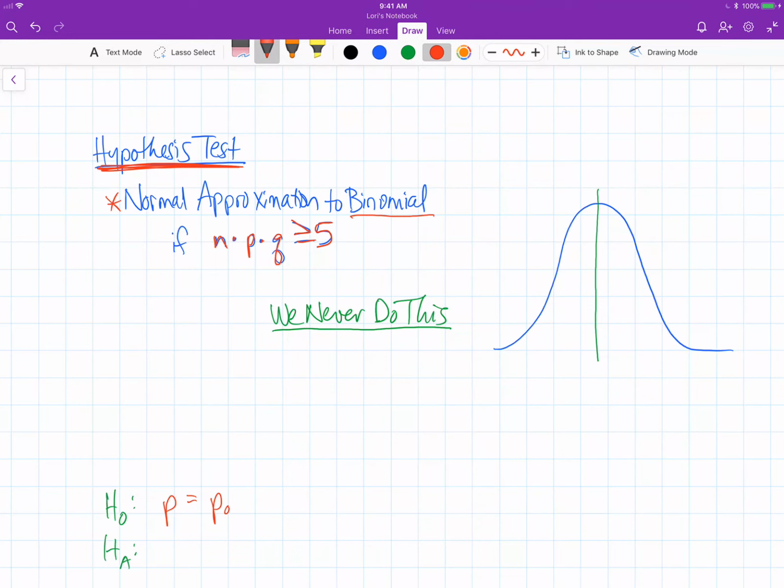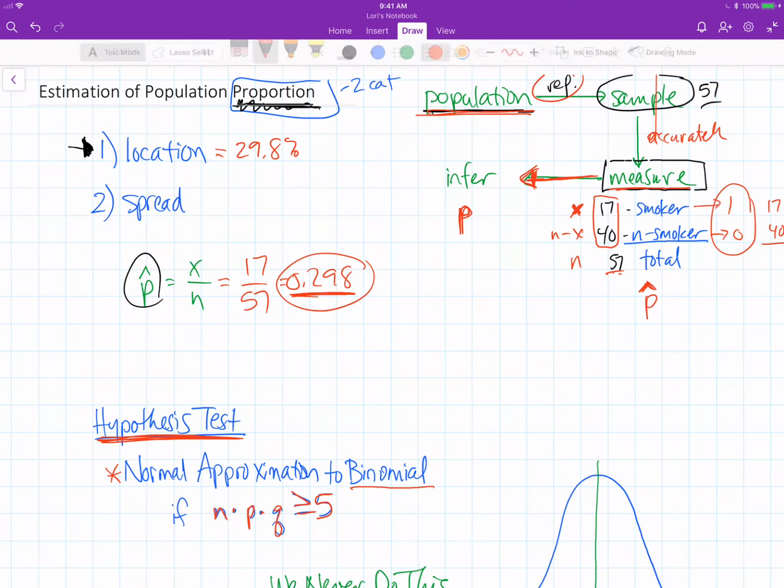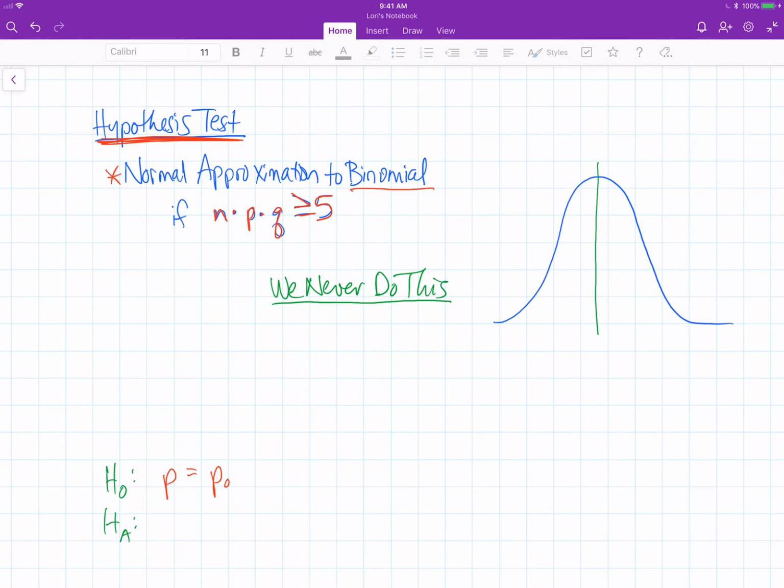Specifically, let's say that we want to test whether our population has the same average as other locations in the United States. Our particular average was 29.8%, and the average in the US is 21%. So let's go ahead and add that to our hypothesis. In other words, we want to know if the population proportion is equal to 21%.